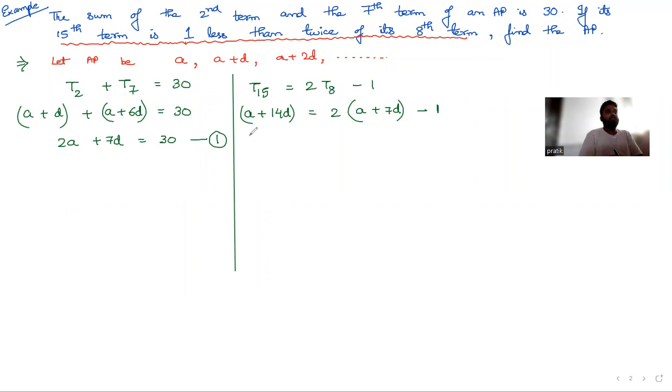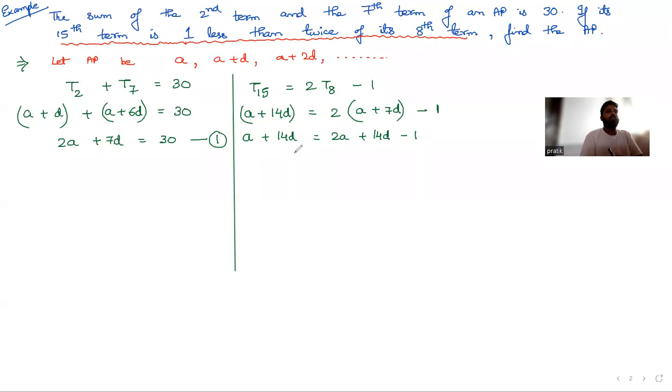So when I simplify this, a plus 14d is equal to 2a plus 14d minus 1. Correct? So now when we simplify this, 14d and 14d will get cancelled.